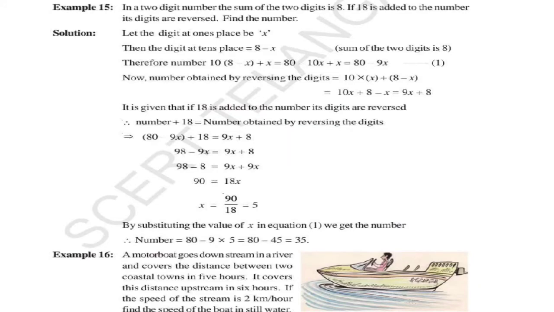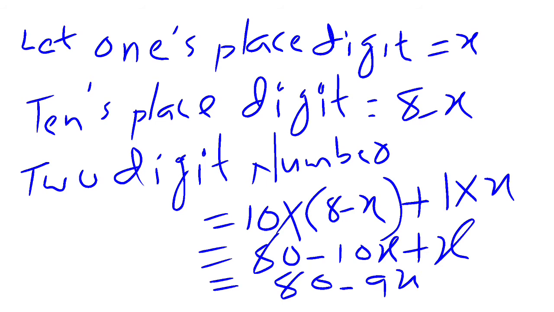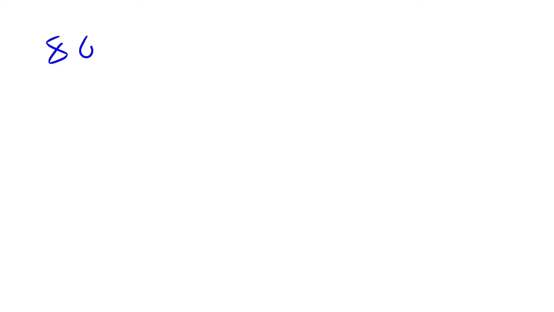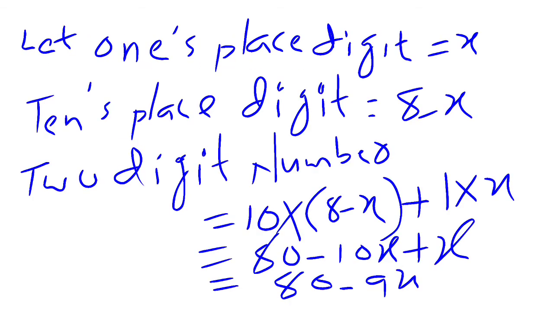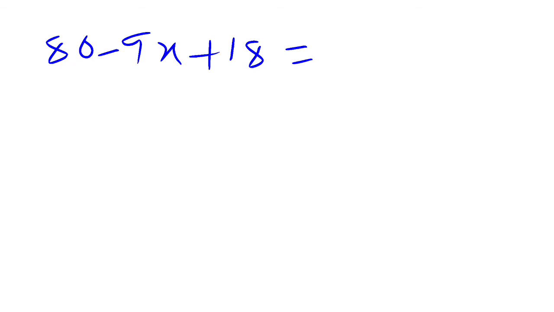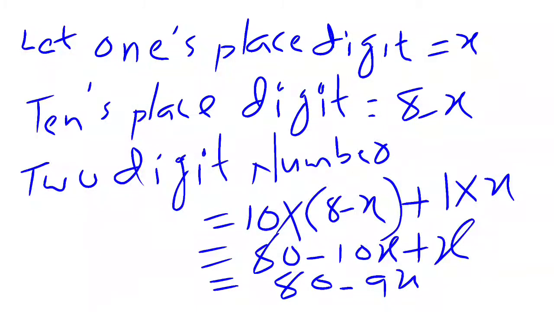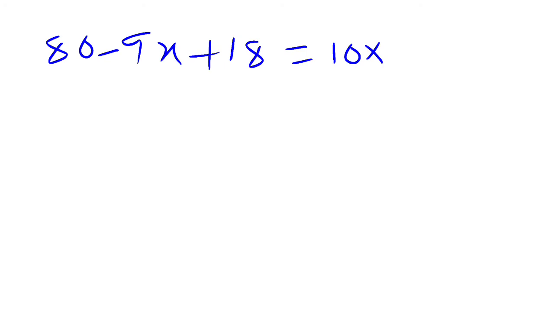After getting the two-digit number, 18 is added to the number and its digits are reversed. The two-digit number here is 80 minus 9x. For this number I am adding 18, then the number will become reversed. Actually the tens place digit is 8 minus x, but you should take x as the tens place digit because they are reversing.